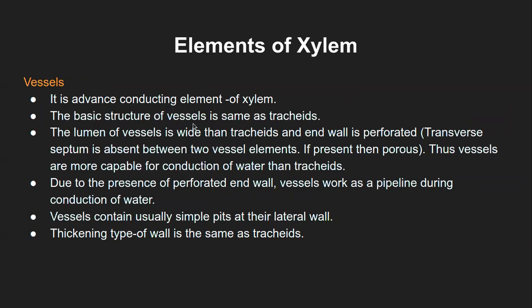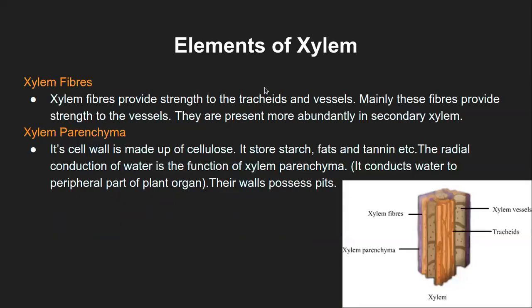The basic structure of vessel is the same as tracheids. It's not different. The lumen of vessel is wider than the tracheids. So vessels are a little wider than the tracheids, and this we can see in this diagram as well. So xylem vessels, if you see, have a quite bigger diameter than these tracheid cells.